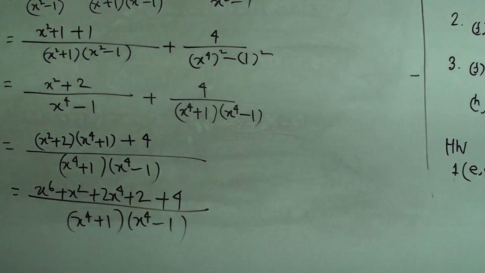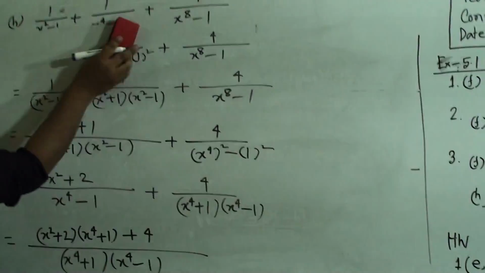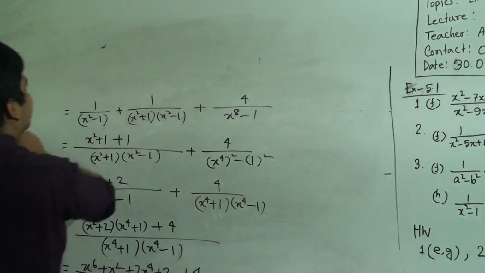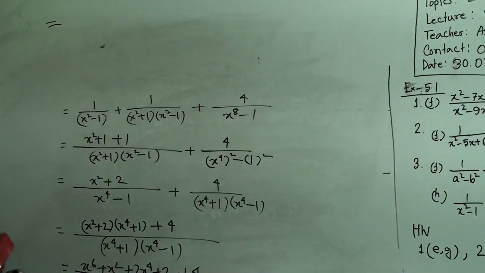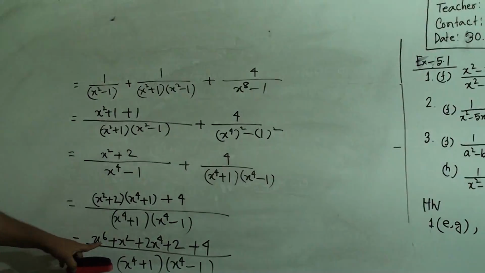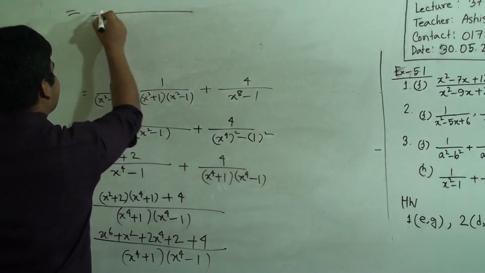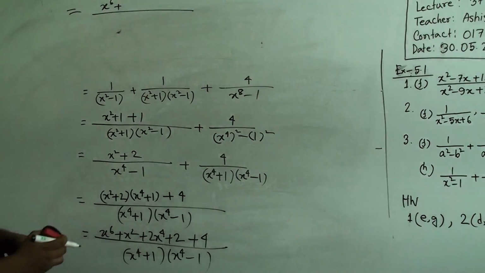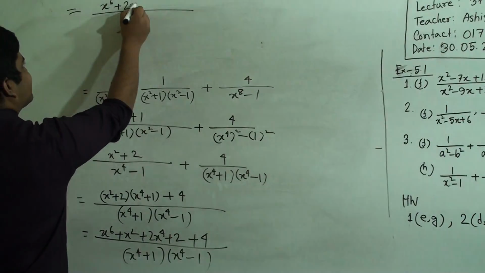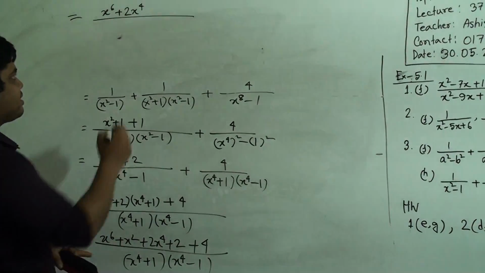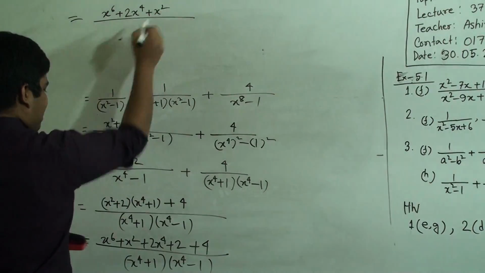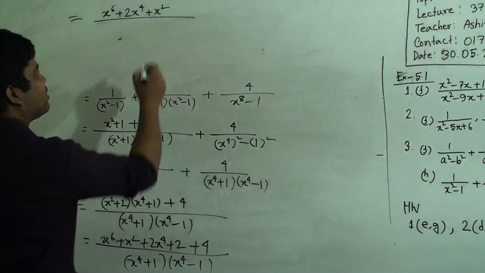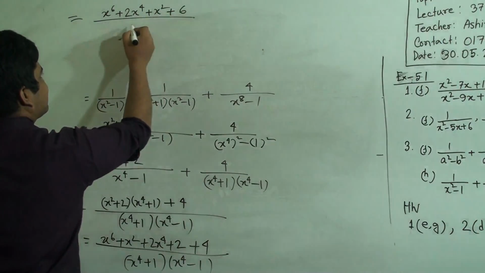Okay, my dear student, and this is the last part of this math. Okay, so please notice, write x to the power 6 first, then 2x to the power 4, then x square, then 2 plus 4, that means 6.